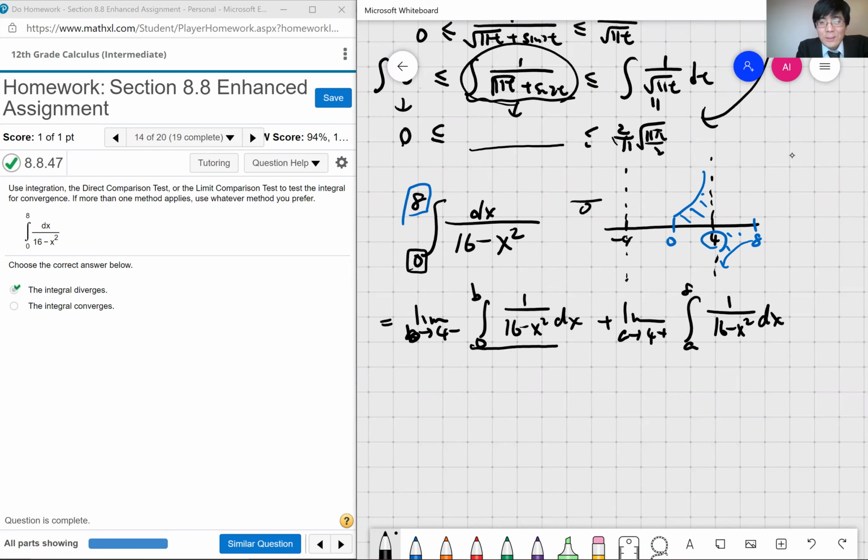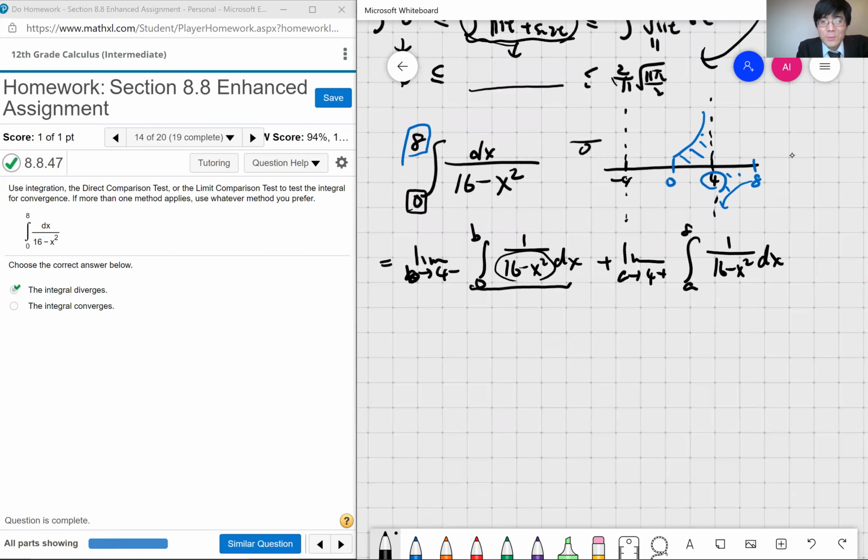Now, how do we integrate this? This one, you can factor into 2 different linear terms, so you can use partial decomposition. And after you do that, it's going to be 1 over 4 minus x plus 1 over 4 plus x, divided by 8. So that's going to be after you do the partial fractions.